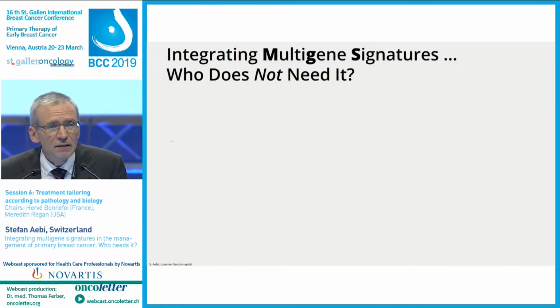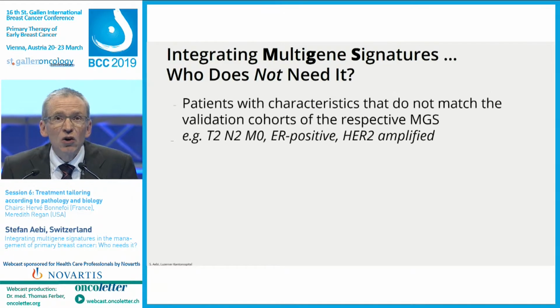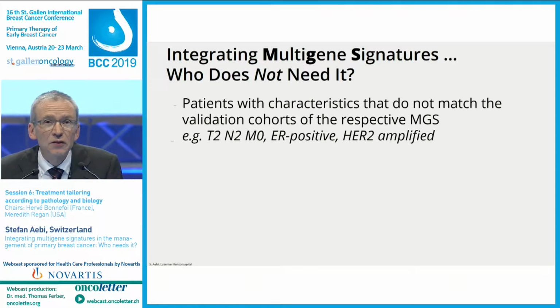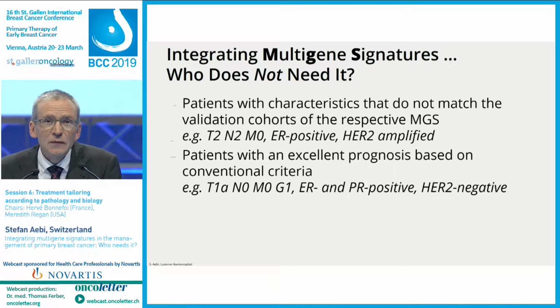Let me start by giving you a few hints about who does not need the integration of multigene signatures. Of course, patients with tumor characteristics or patient characteristics that do not match the validation cohort of the respective multigene signatures do not need integration because they do not need the multigene signature at all. Or patients with excellent prognosis based on conventional criteria do not need it either.